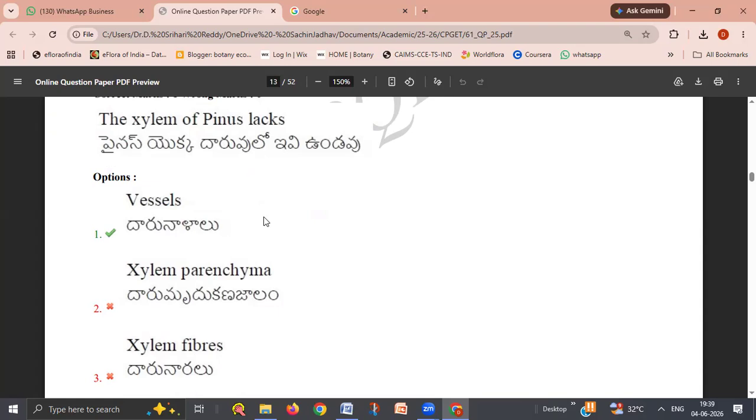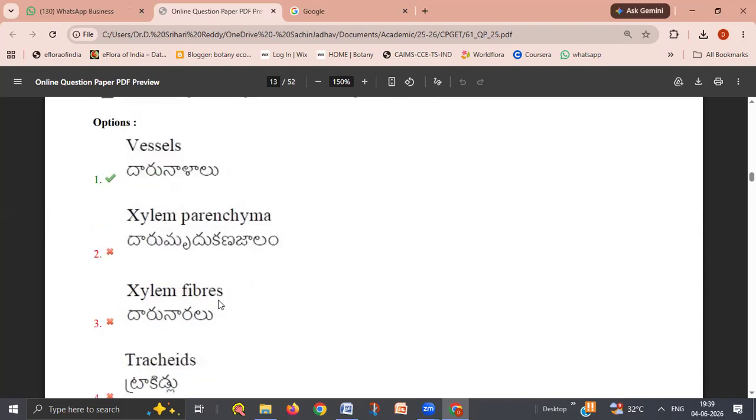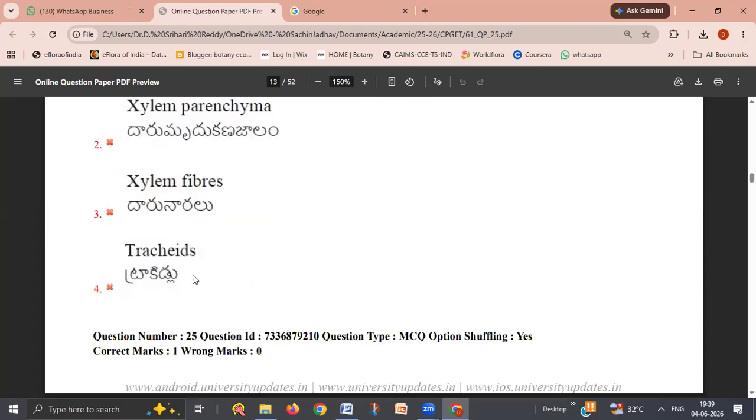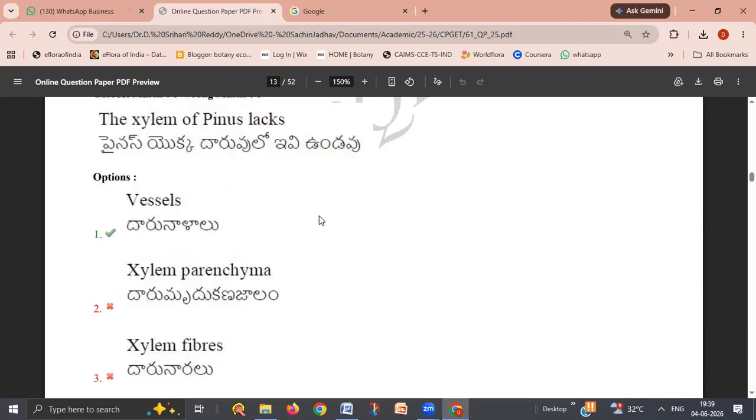Only in Gnetum do we find xylem vessels or tracheae. We don't find xylem vessels in the xylem of Pinus. So that is the answer. In the xylem of Pinus, there are no xylem vessels, but there are xylem parenchyma, xylem fibers, and tracheids. Tracheids are primitive compared to xylem vessels, which are found only in Gnetum.